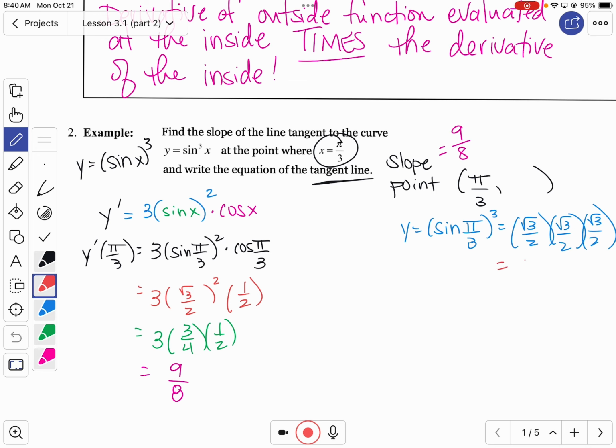Okay, so that's going to give me 3 square roots of 3/8. Okay, so 3 square roots of 3. Now we can write the tangent equation. Okay, remember any equation of a line you write must start y equals. So my slope 9/8, x minus pi/3, and then plus 3 square root of 3/8. And that is definitely one I'm not simplifying.